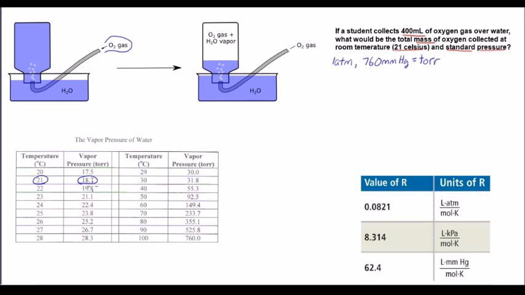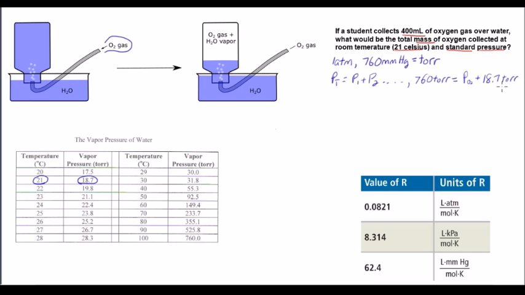We have 18.7 torr of pressure being generated by our water vapor. And the room is at standard pressure. So we know the formula for this is PT equals P1 plus P2, etc. So we can set that up with 760 torr, that's our total pressure, equals the pressure of our oxygen plus the pressure of the H2O, which I'll go ahead and write in, we know is 18.7 torr.